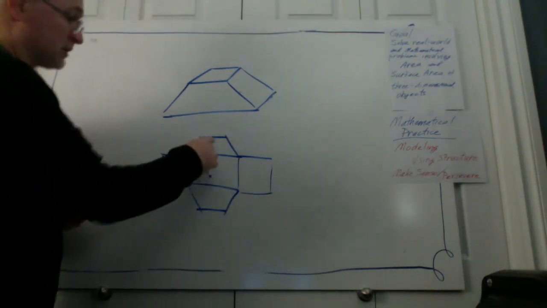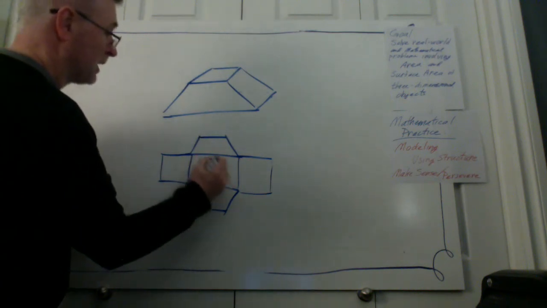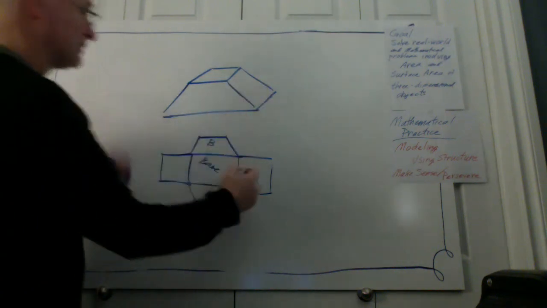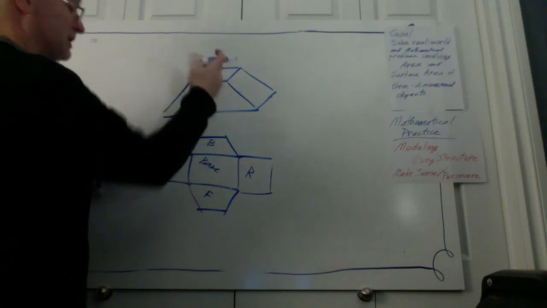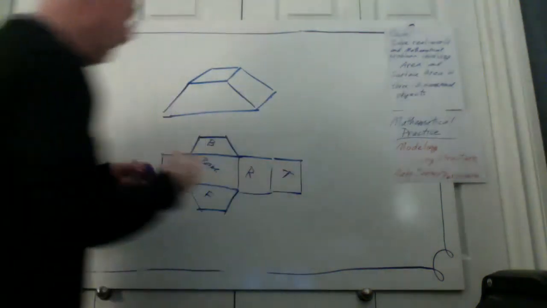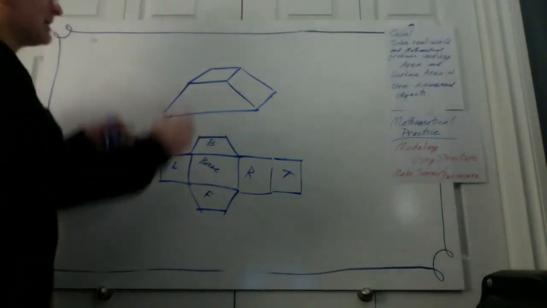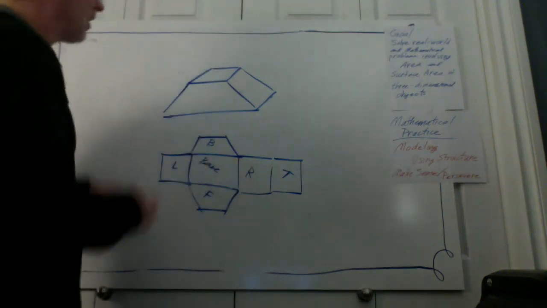So here's my trapezoids on both sides on my base. And here's my back and my front, my right and my left. And then I also need my top still. So the base and the top, it's just a little different shape now, okay? But it's still the same thing. So I'm just making a net. I've got my base, my right, left, and top, and then my front and back are trapezoids.